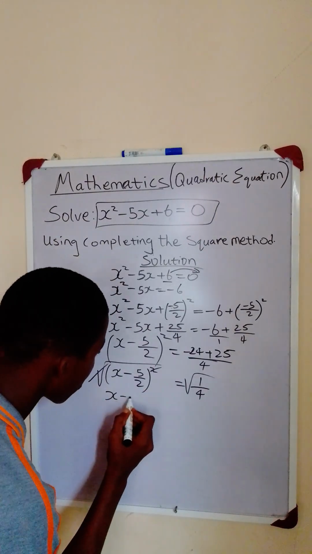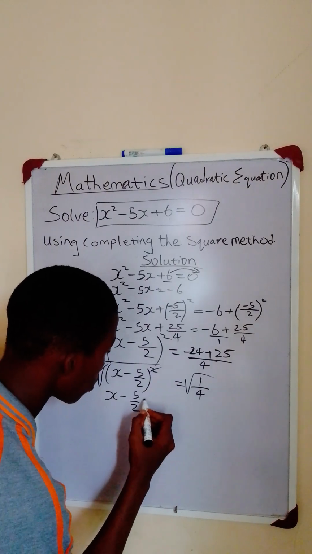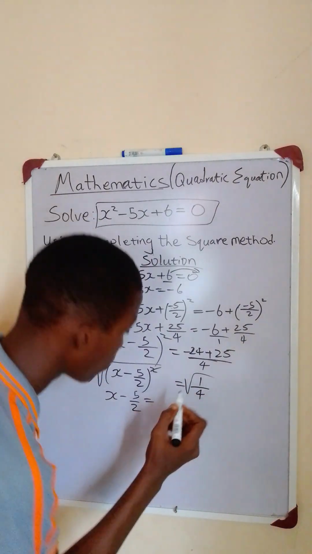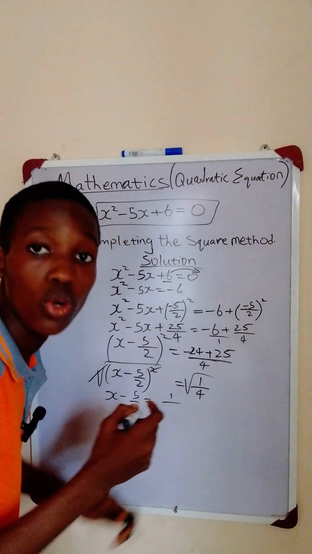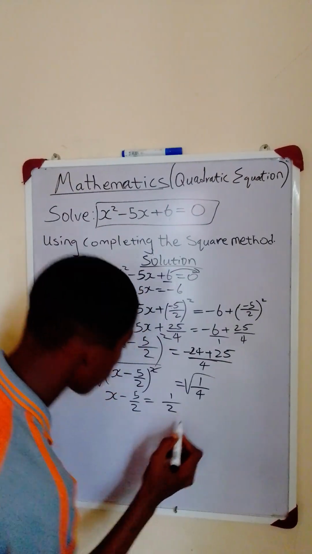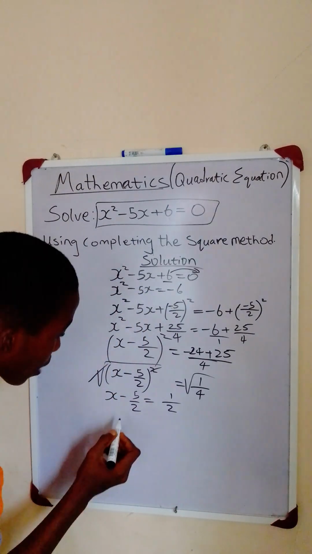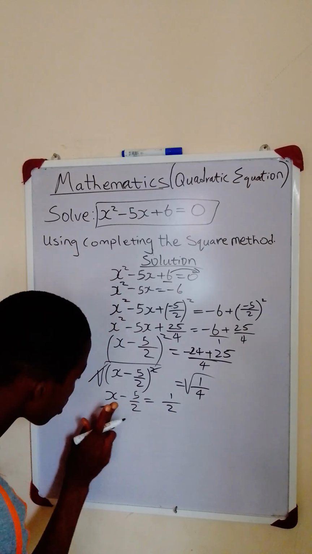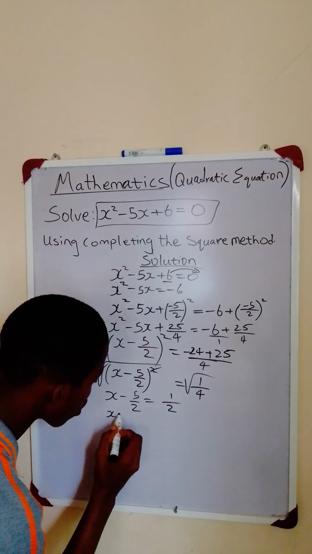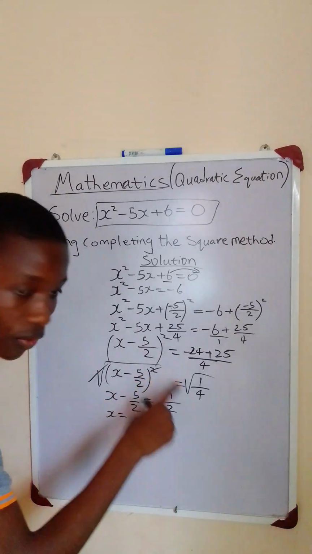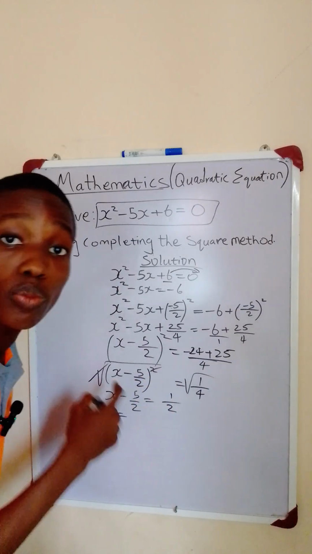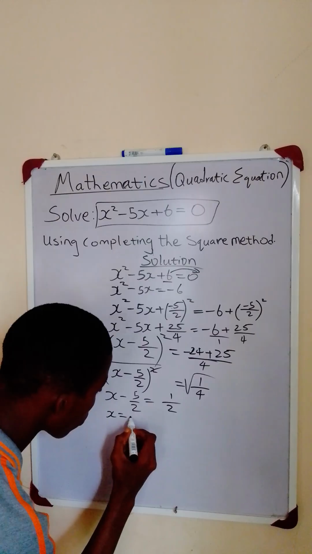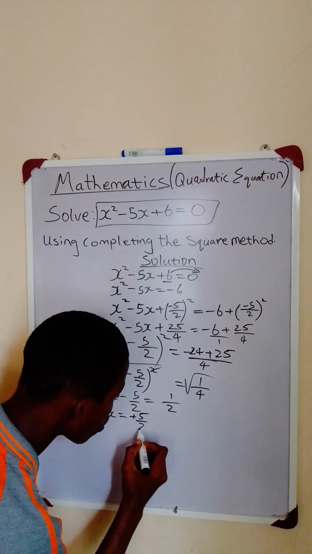You now have x minus 5 over 2 equals the square root of 1, which is 1, over the square root of 4, which is 2. So collecting like terms now, this is x. You need to move this over. If you move this over, the minus changes to plus. So x equals plus 5 over 2.